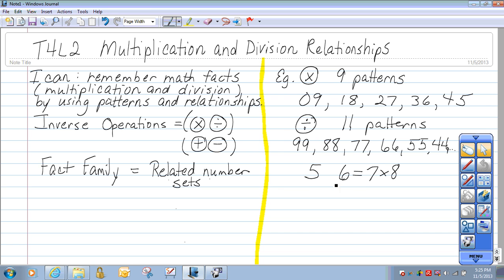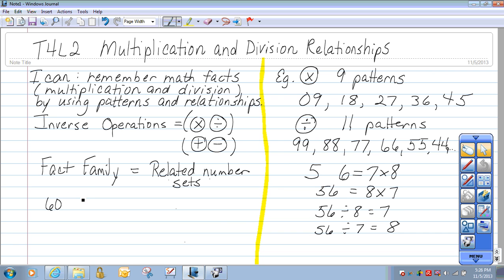Once we remember this fact, we can get all the other fact families that go with this and have it correct. So it's easy to remember that 56 is the answer to 7 times 8. Let's add our other fact families. 56 equals 8 times 7. 56 divided by 8 equals 7. And 56 divided by 7 equals 8.